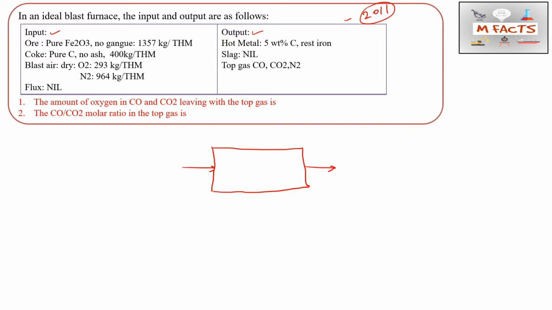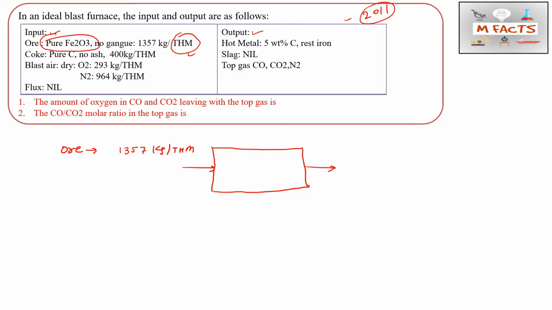The first thing we add in the blast furnace as a raw material is ore, and here they have given that this ore is pure Fe2O3. There is no gangue, and the weight of ore is 1357 kg per THM. What does THM mean? THM means ton hot metal. So this calculation is basically for 1 ton.